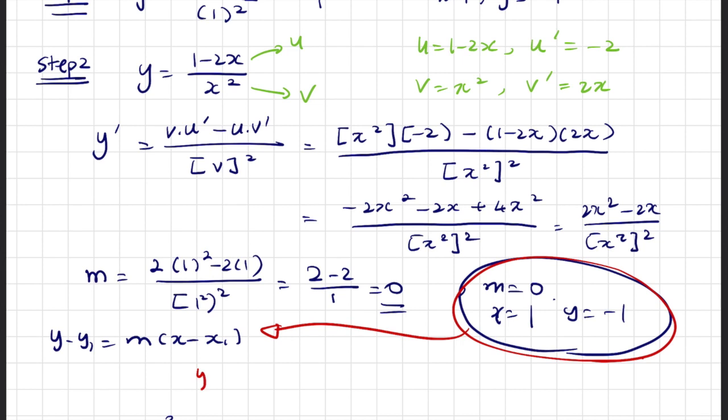Then we get y minus (negative 1) equals 0 times (x minus 1). Then we get y plus 1 equals 0. So the equation of the normal line is y equals minus 1.